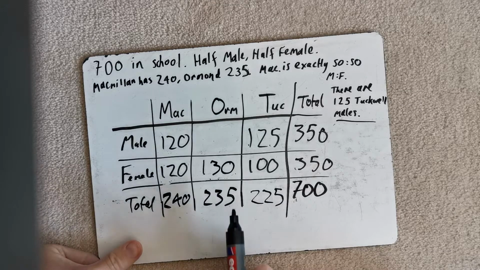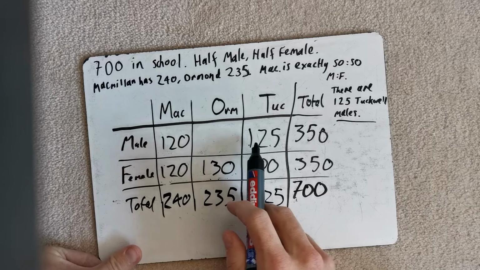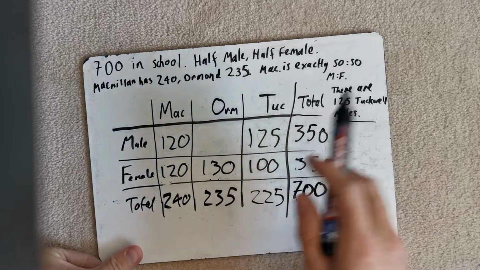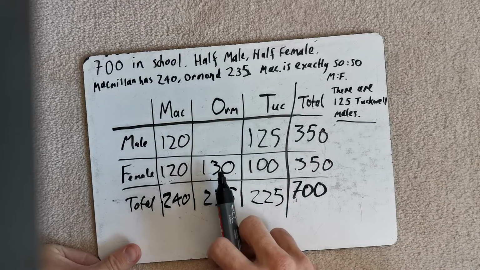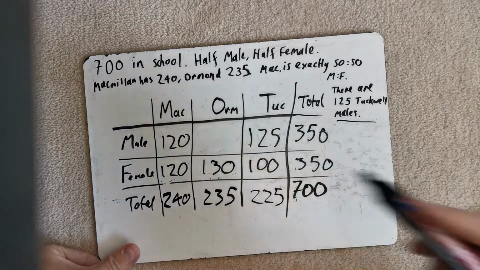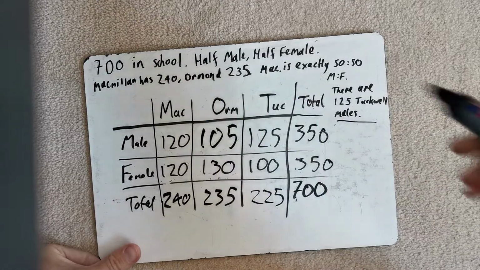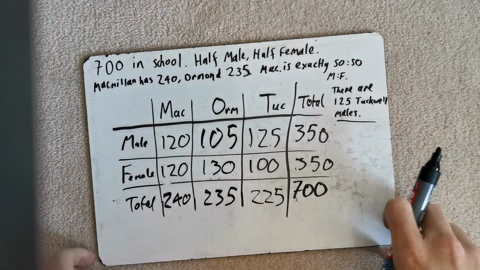Same kind of thing again. We could use either of these two bits of information, take that away from the 350, or we could get the 235 and take away the 130. I think 235 take away 130 would be a bit easier. So 235 take away 130 is 105. Okay, there we've got our filled in table.